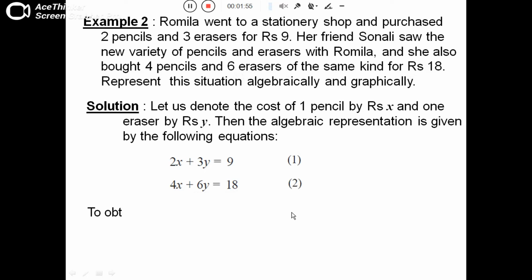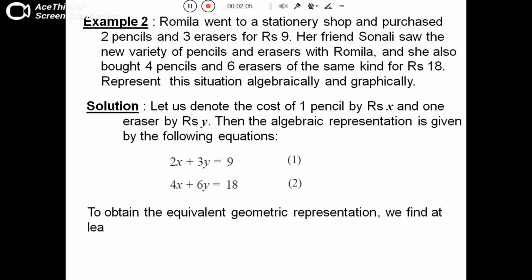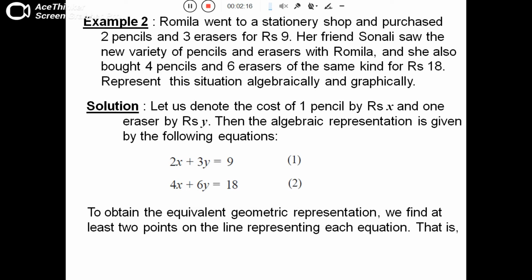Now to obtain the equivalent geometric representation, we find at least 2 points on the lines representing each equation. That means we find 2 solutions for each of the equations.